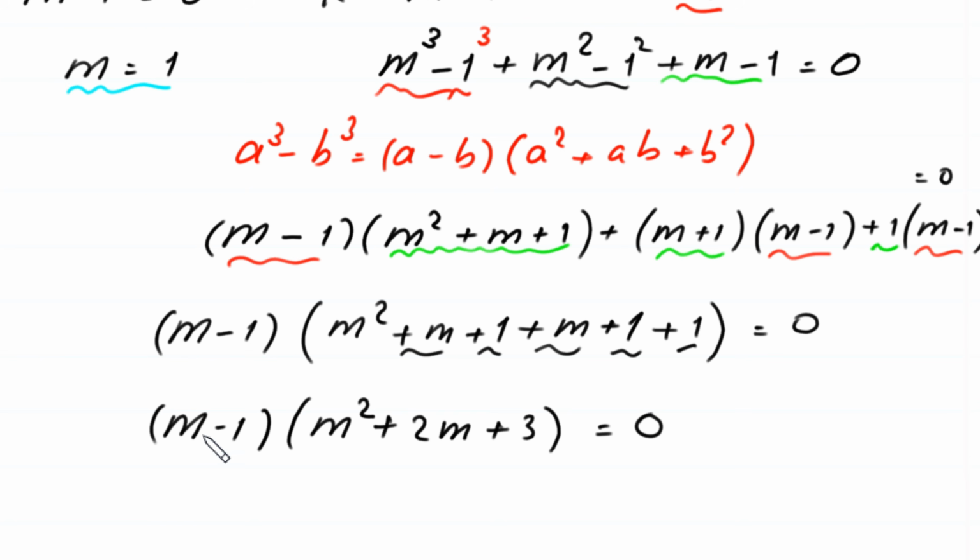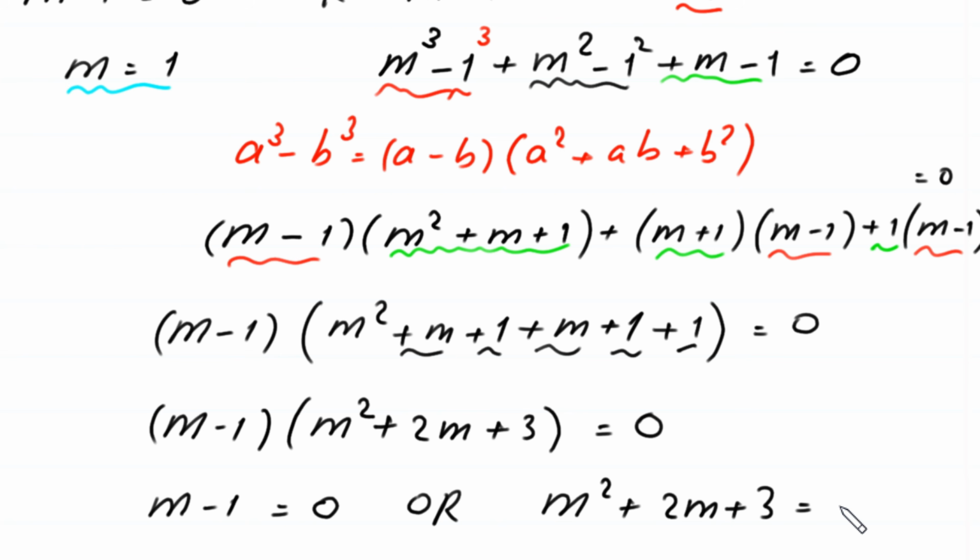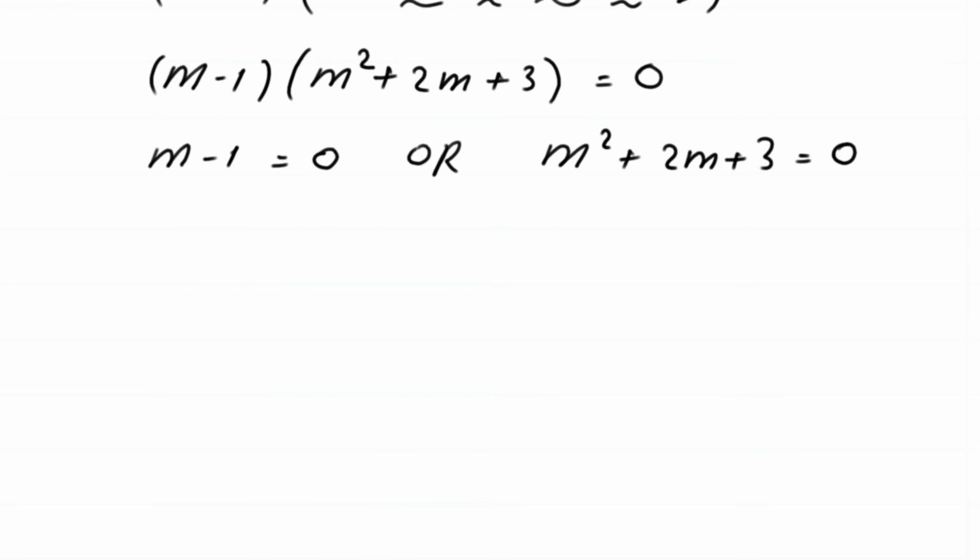And from here either this expression m minus 1 is equal to 0 or this expression m squared plus 2 times m plus 3 is equal to 0. From this equation we get the value of m is equal to 1. Now we solve this quadratic equation.